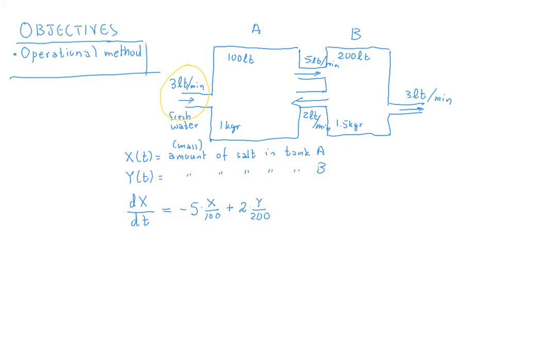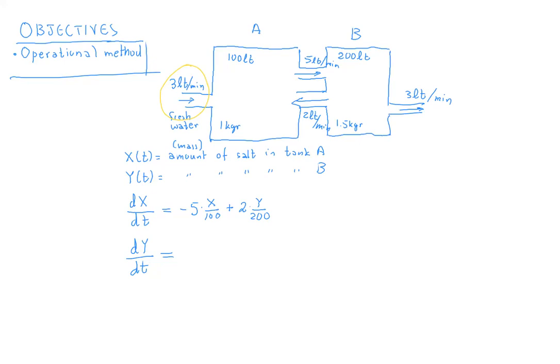Now, can I ask you to try to write a similar equation for dy over dt? Would you like to give it a try? Now you have to be careful here because this time around you will have 3 contributions, right?